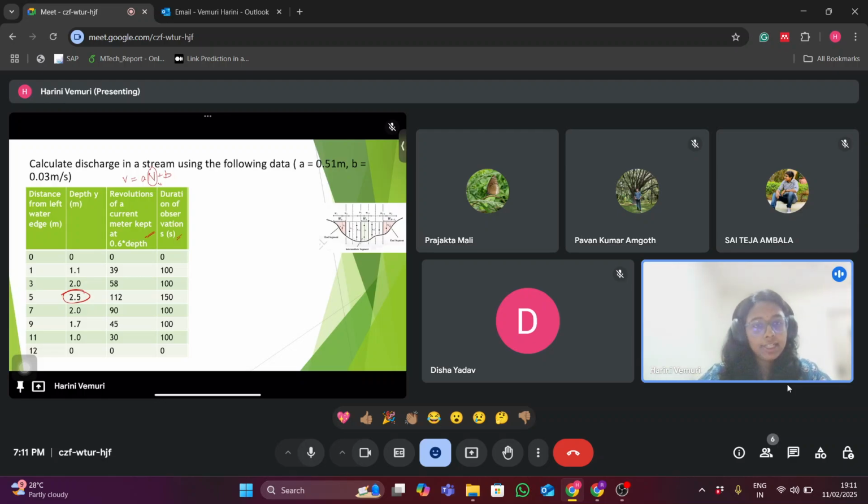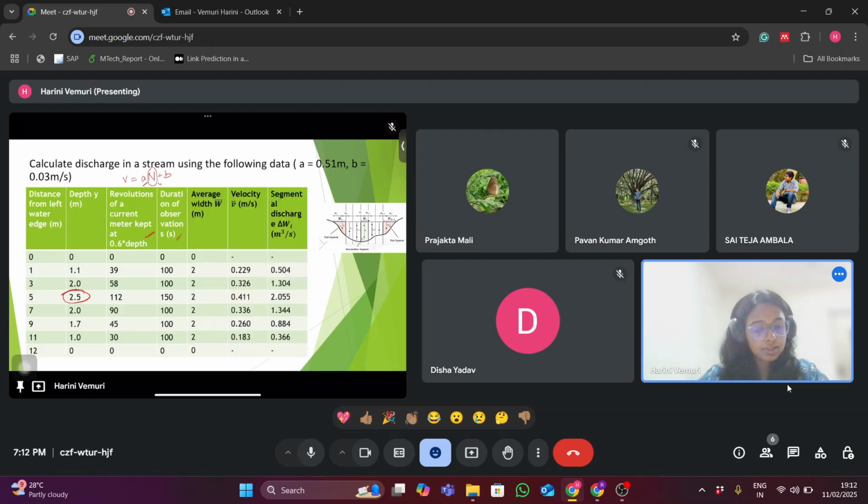And once we calculate that, we will substitute in the formula V equal to A into N plus B. A is given as 0.51 meters and B is given as 0.03 meter per second. Right? Using this formula, we'll get velocity. So this is how you calculate velocity at a particular location in the stream.